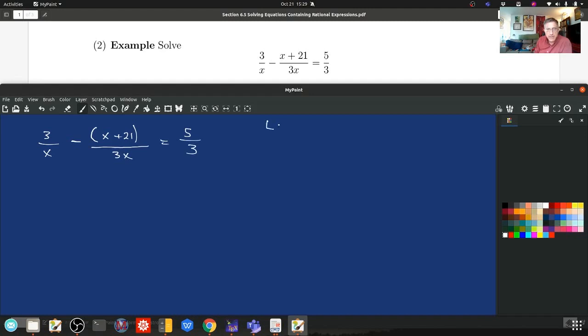So let's find the LCD of x, 3x, and 3. Well, I hope you're able to see this is just simply 3x. Why?